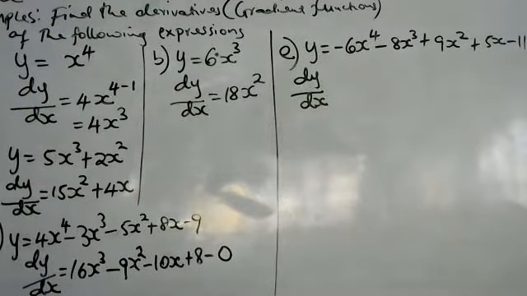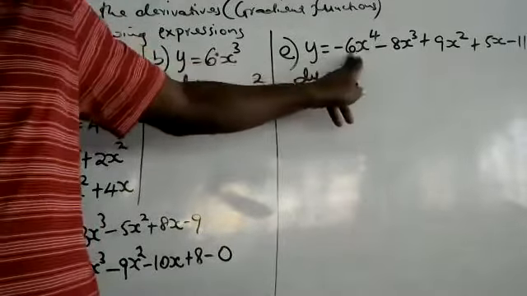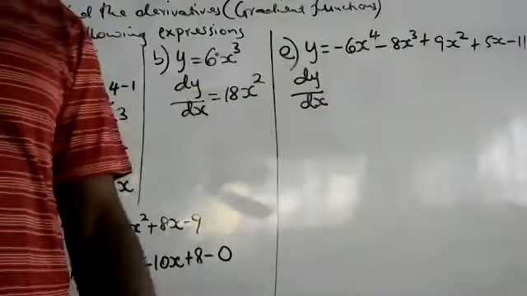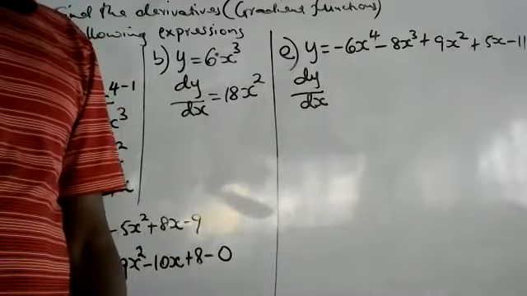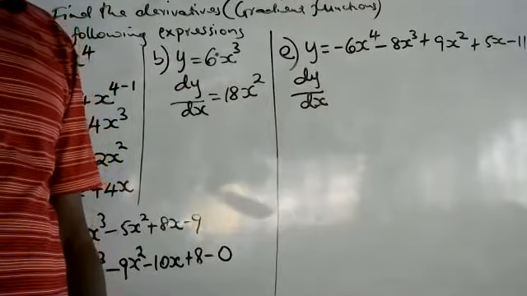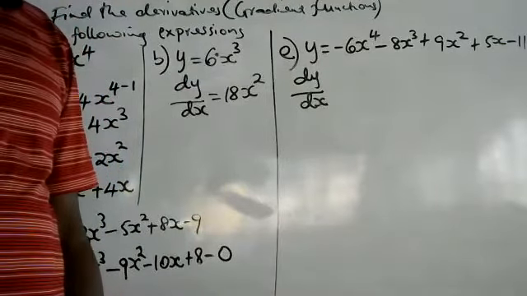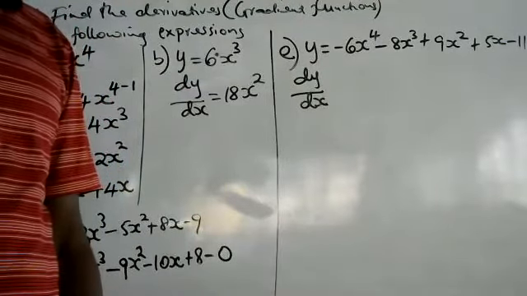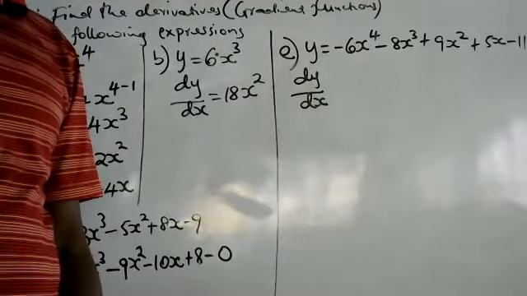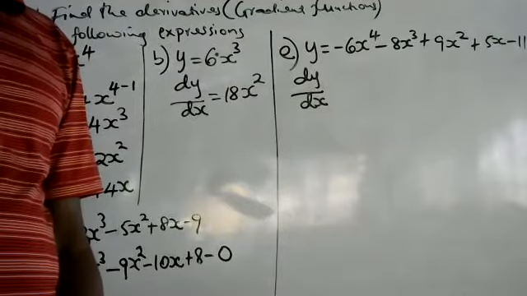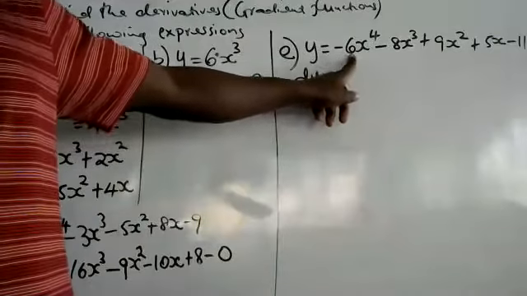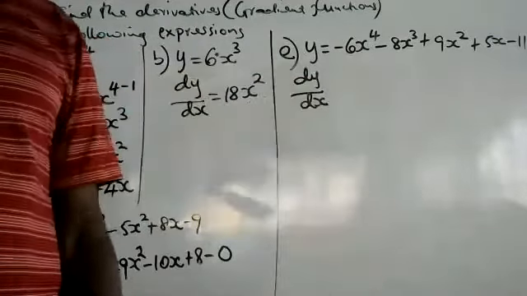Nancy, give me the answer for the first part here. Negative 6x raised to power 4. Okay, 24x raised to power... And also note that 24 will be negative because it is negative 6 here. Are you done answering?